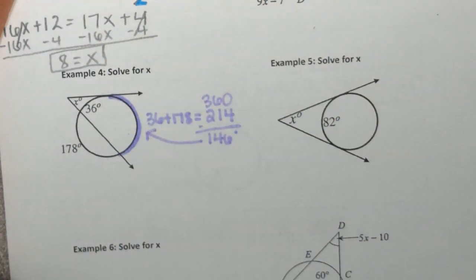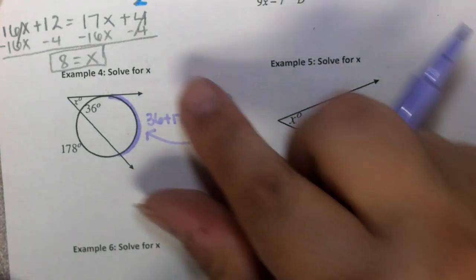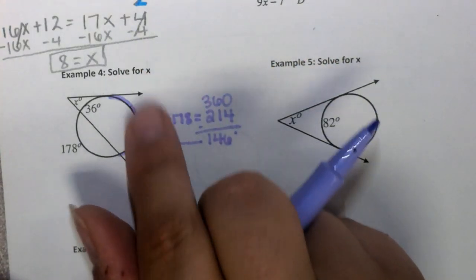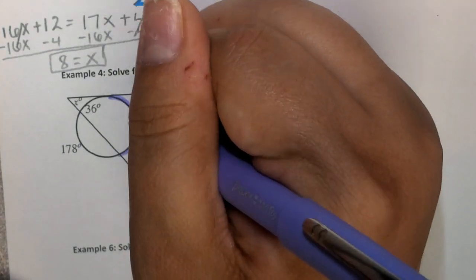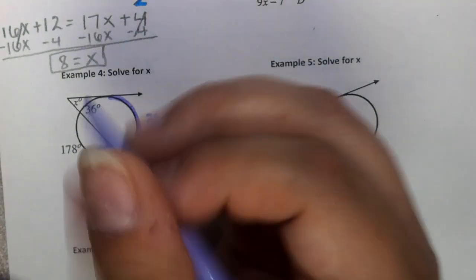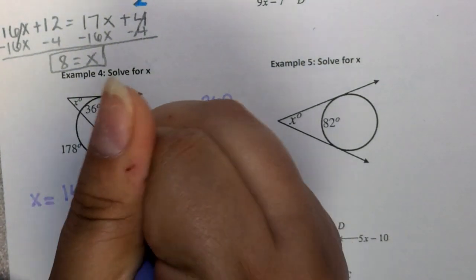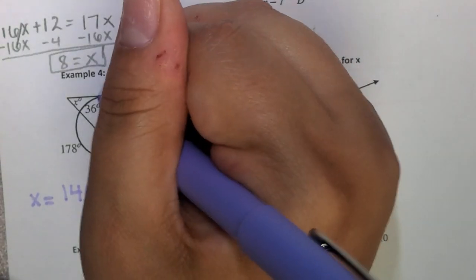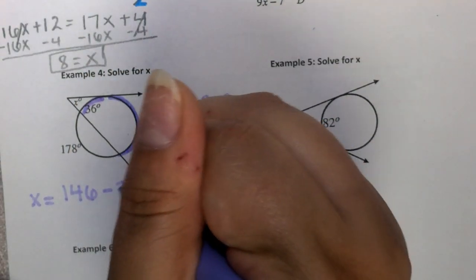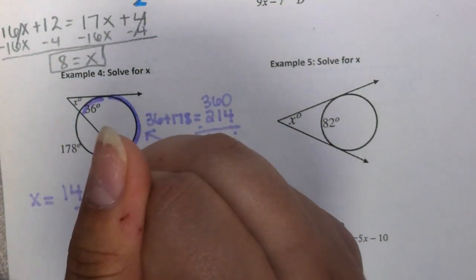But that's not the bigger arc, is it? That's the big arc, because again, you're looking at the arc between the two lines. So x is going to equal the big arc, 146. What's the little arc between the two lines? 36.